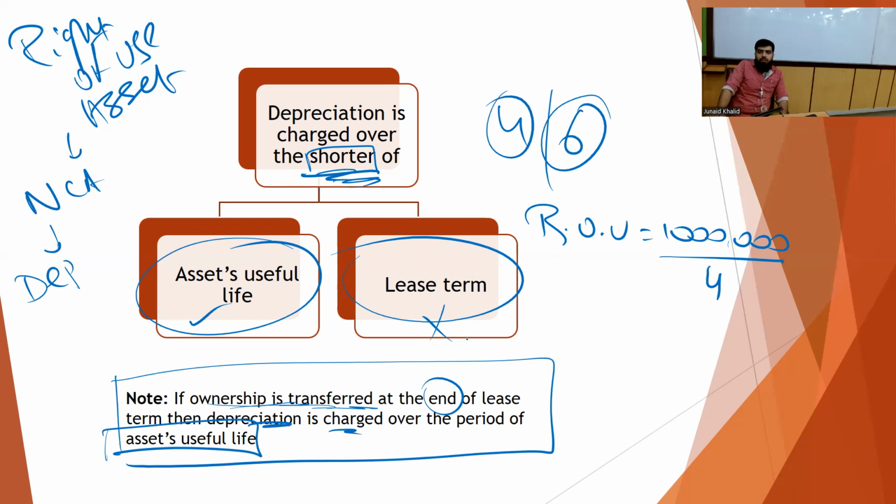Which means if in the question or in the agreement it is stated that at the end of the 4 years, legal ownership will be transferred to the lessee, now the lessee would depreciate that asset over the period of the asset's useful life rather than the lease term. So at that point of time, we will not consider the rule of shorter of. We will just depreciate that asset over the period of the asset's useful life.